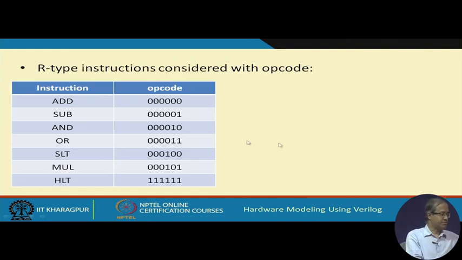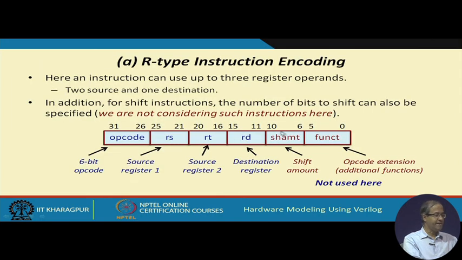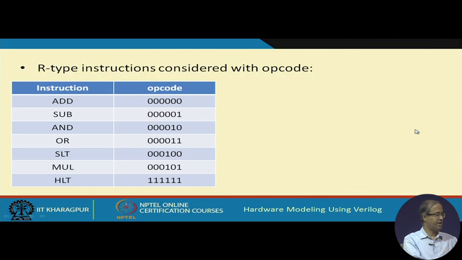Let us take some examples. The instructions that we are considering can fall in the R type category. Most of them require 3 registers. Halt does not require any, 0 registers. So, halt we are also putting in this category, because you can fit it in the same format, because the opcode will be halt, and the other fields will all be blank, they will not be required.